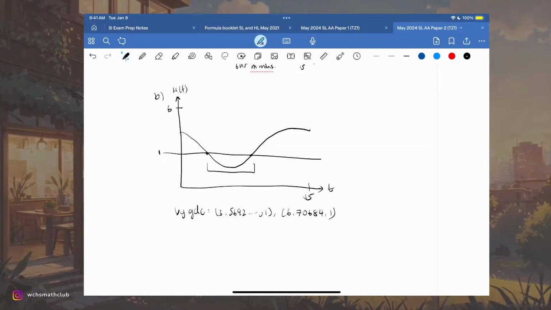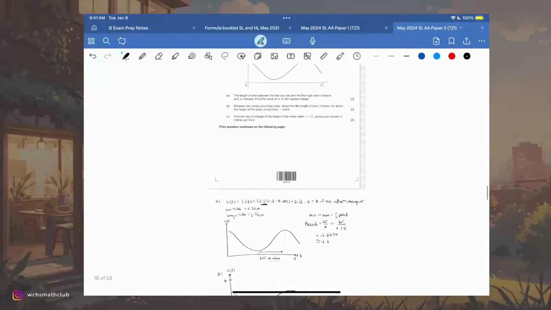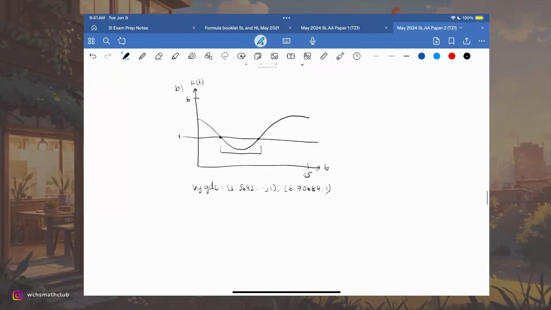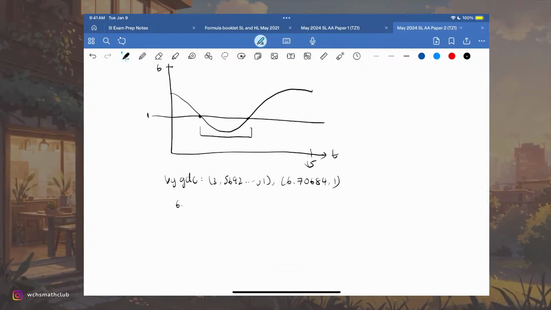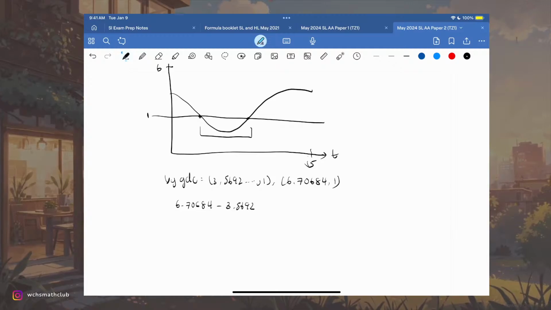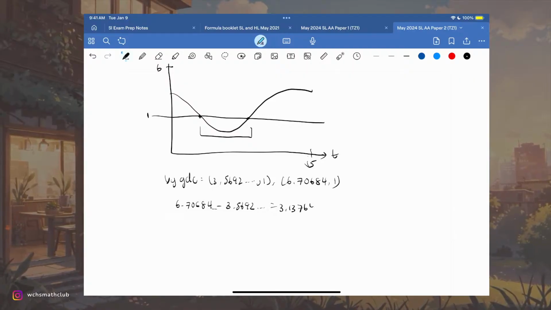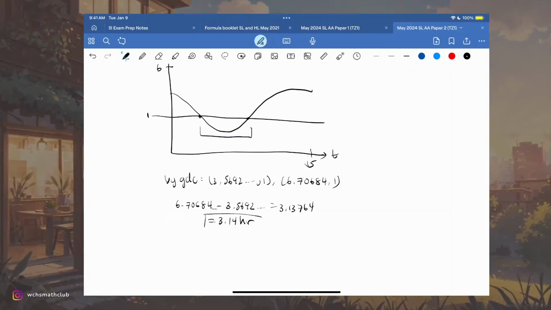Because we're just looking for the length of time in hours, all we actually need to do for this question is 6.70684 minus 3.5692, and we should actually put dots here because that's not the full number, which will equal roughly 3.13764. The length of time in hours is therefore roughly 3.14 hours.